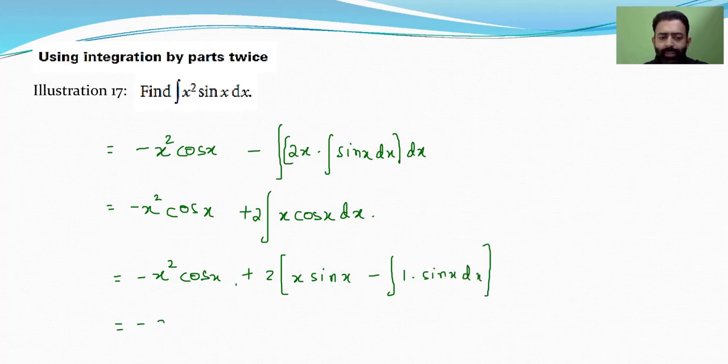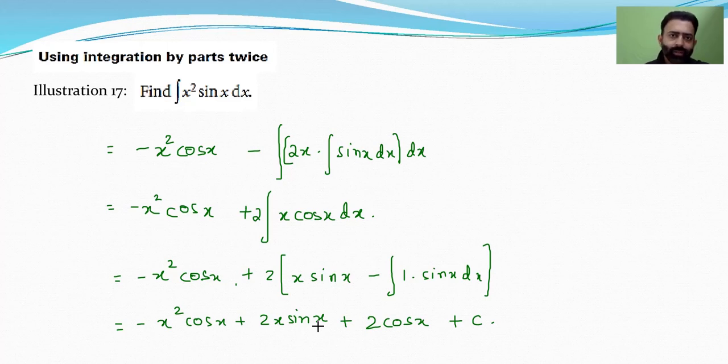Now last step is minus x square cos x plus 2x sin x and minus integral of, again, sin x is minus cos x, that minus and minus will become plus, and multiplying this 2 inside, it will give you 2 cos x dx. Sorry, not dx, plus c. Okay, this is using integration by parts twice.